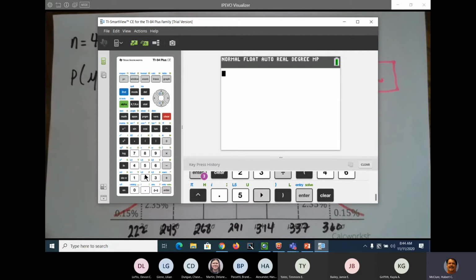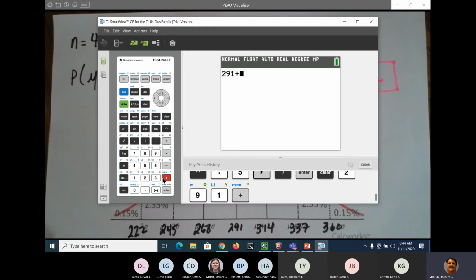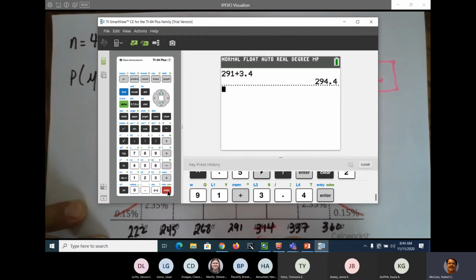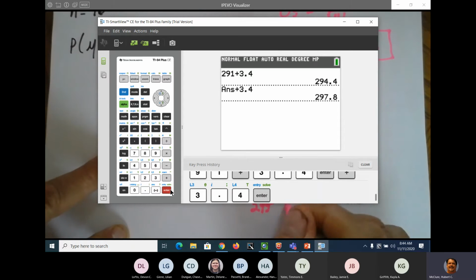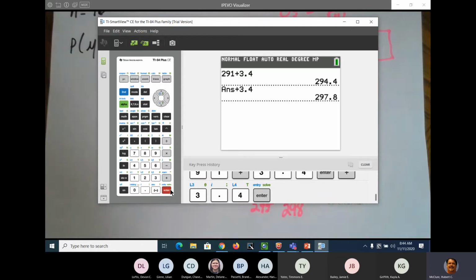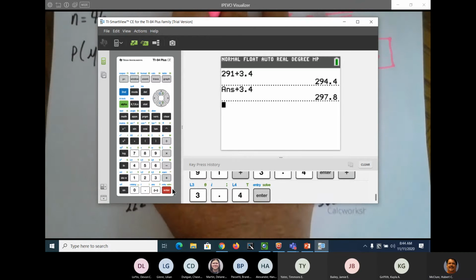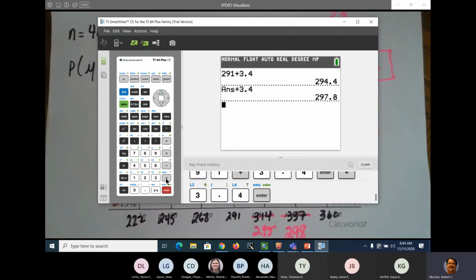So 291 plus 3.4. That's 294 or 295. So I'm going to mark that out and put 295 plus 3.4, 298, plus 3.4, 301.